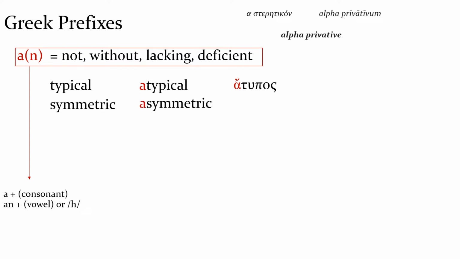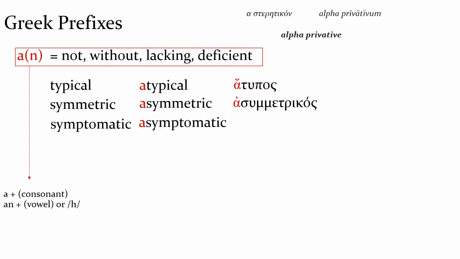We have symmetric, and the opposite is asymmetric. And in Greek, it looks like this, asymmetrikos. Okay, so that alpha in front of the words typical and symmetric just means not typical, not symmetric.